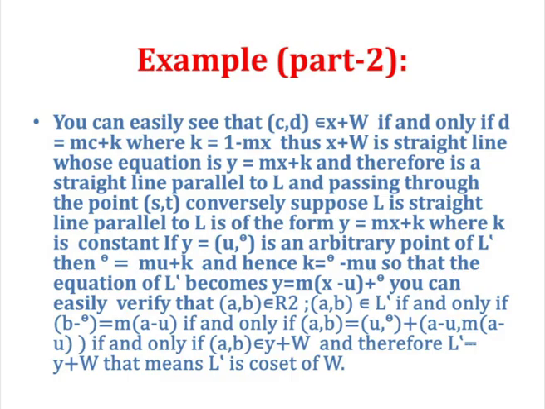Conversely, suppose L' is a straight line parallel to L, of the form y = mx + k, where k is a constant. If (u, theta) is an arbitrary point of L', then theta = mu + k, and hence k = theta minus mu.